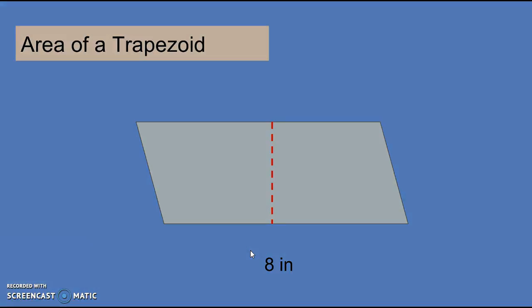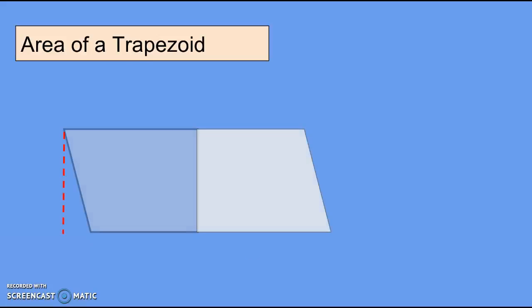So to find the area of that trapezoid, and again, if you flip this over here, you see that you have two equal shapes, which means we have half of a trapezoid. So we're going to use half of the formula of a trapezoid. By doing that, we have cut the base of the trapezoid. So we say this segment here up to the cut line is base 1, and this segment is base 2.